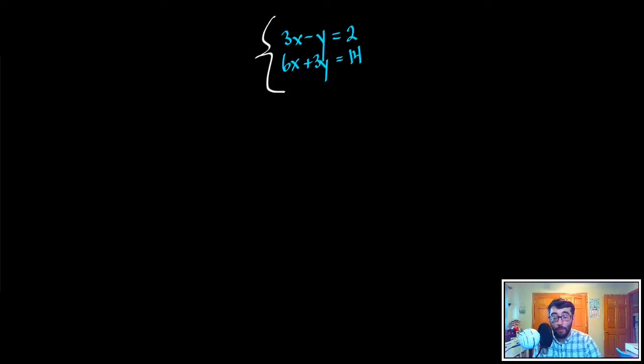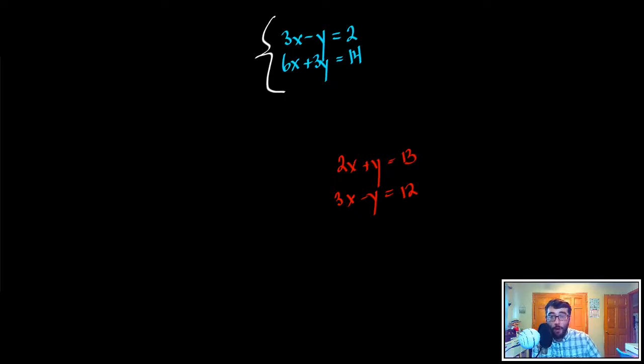Basically what I'm looking for, let's say, for example, I had a system and it was like 2x plus y equals 13, and another equation was 3x minus y is equal to 12. Notice if I were to add these two together, the y's would automatically cancel because they're basically opposites. One is 1, the other is -1. That's exactly what I want for this equation up here.